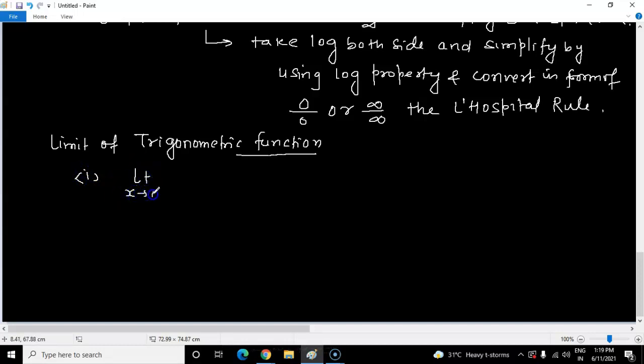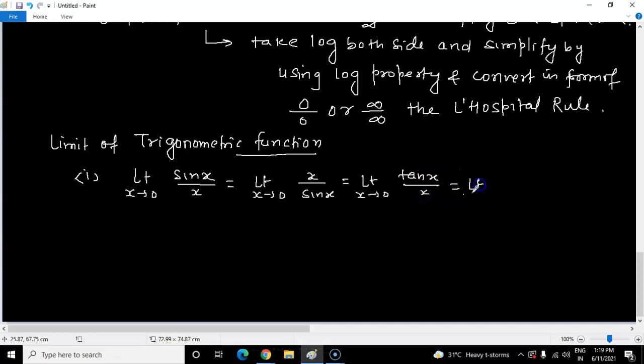Limit of x tends to 0, sin x by x; limit x tends to 0, x by sin x; limit of x tends to 0, tan x by x, or limit of x tends to 0, x by tan x. All these values are equal to 1. Sin x and tan x over x, and the reciprocal, always the value will be 1. So directly we can put the value of sin x by x equal to 1, and finding the limit of another function will be easy.